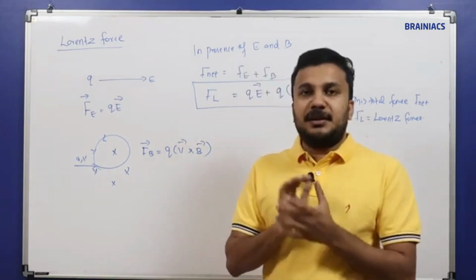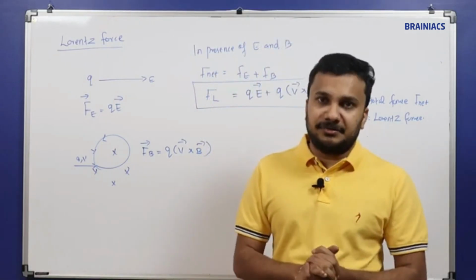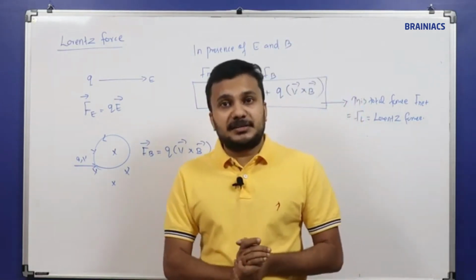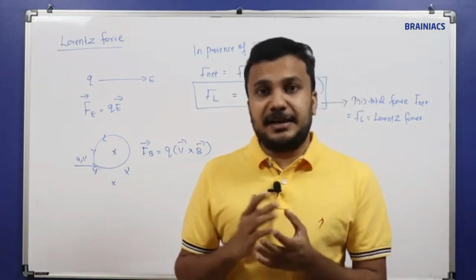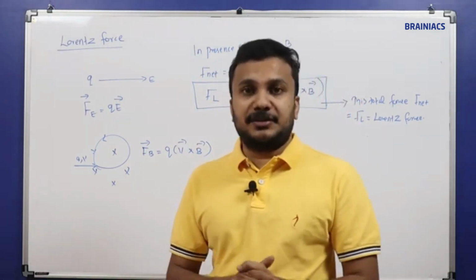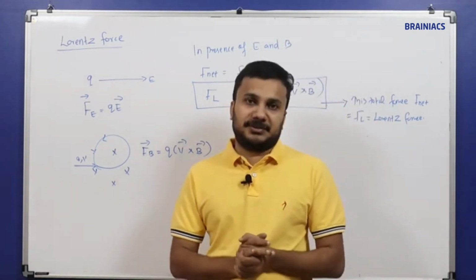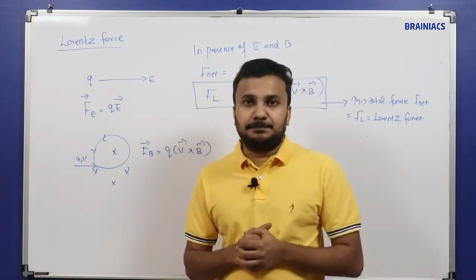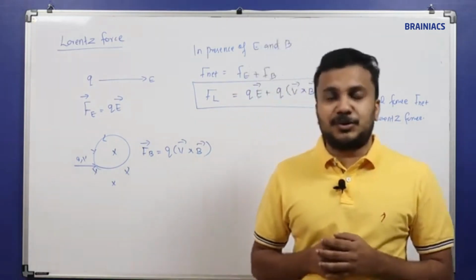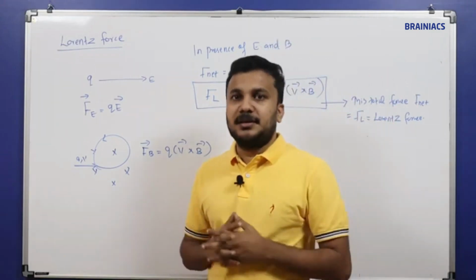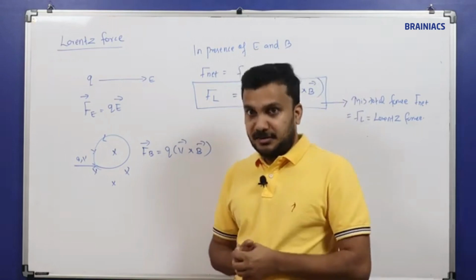Whenever a charged particle is entering perpendicular to the magnetic field, it will experience a circular motion. Whenever it is entering at an angle theta with respect to the magnetic field, it will experience a helical path. But now we are going to apply whatever we have learned in electrostatics, in the electric charge and electric field chapter, here also.